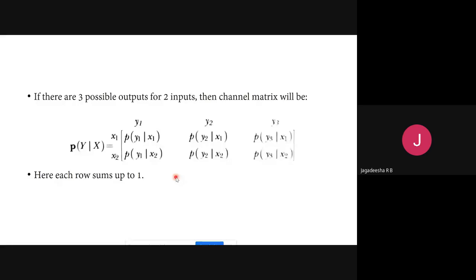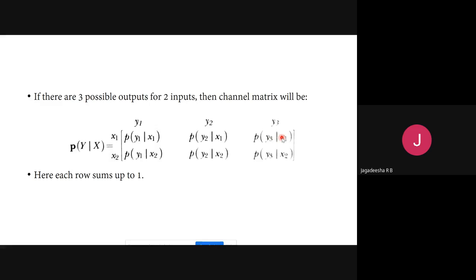Okay, so the answer to the previous question I asked you to keep thinking about: when you consider the probabilities along the row, they will sum up to 1, right? Because you will be transmitting the same symbol, x1.